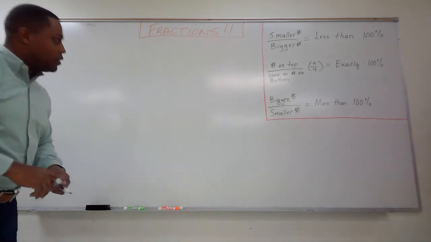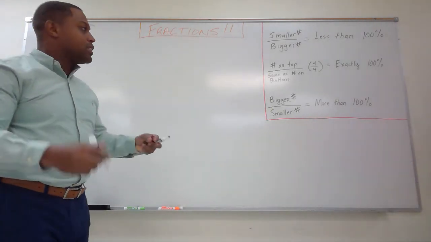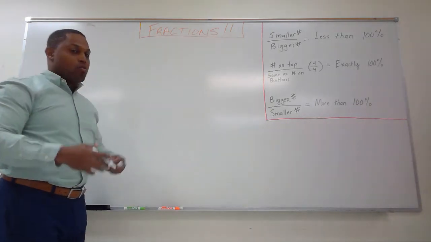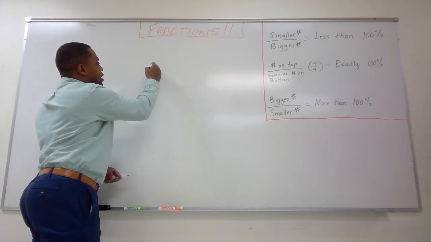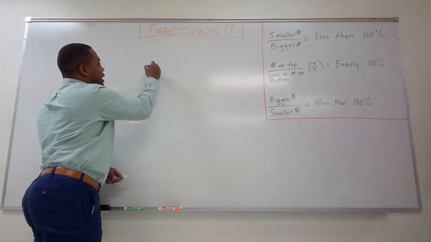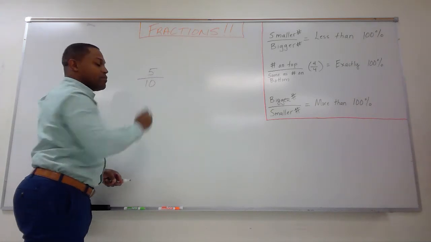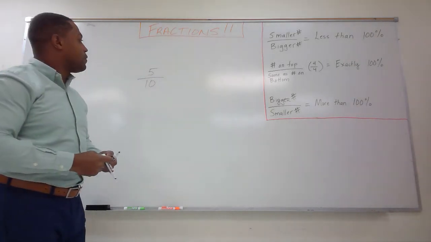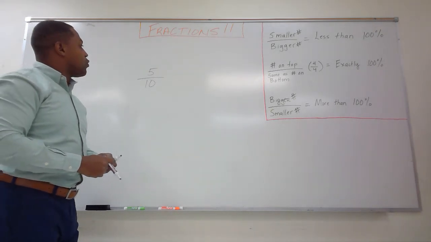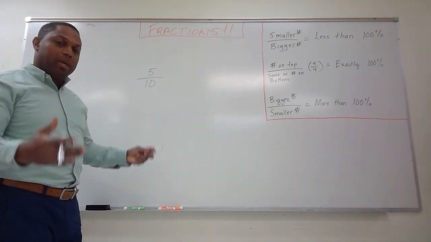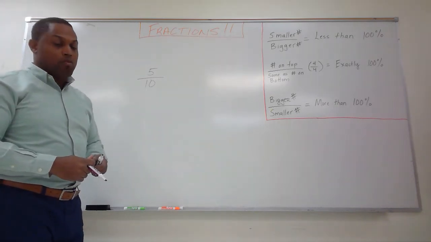That answer there could not have been simplified, but let's say you're adding, subtracting, multiplying, or dividing fractions, and you got, for example, 5 over 10. We need to simplify this fraction. What I always ask myself is, what is the biggest number that can go into both of these numbers equally?